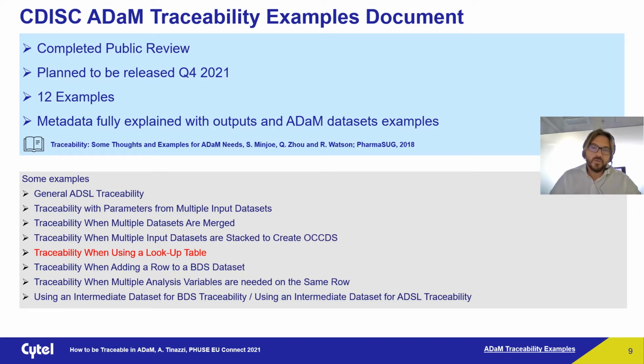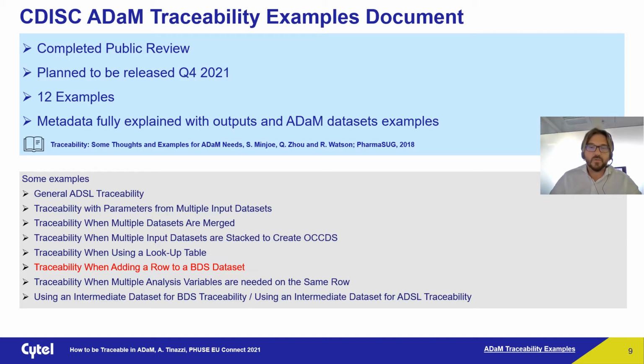Traceability when using a lookup table, for example, when in addition to SDTM and ADaM datasets, our derivation makes use of, say, non-subject data, and therefore you make use of an additional dataset containing information to further apply derivation and classification based on criteria that might require lengthy if-then-else, typically SMQ assignment for adverse events. Traceability when adding a row to a BDS dataset.